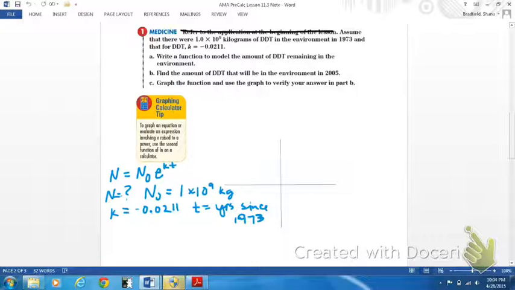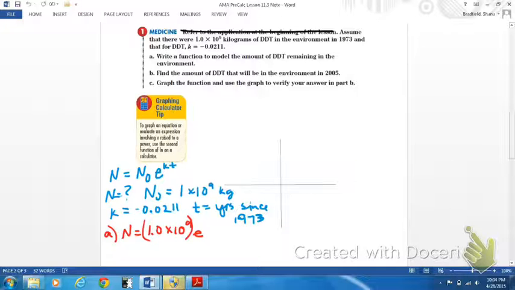So for the first part, we want to fill in our function and represent some kind of model, something that models the amount of DDT remaining in the environment today since 1973. So we're going to fill in our equation and say N equals 1.0 times 10 to the 9th times e.